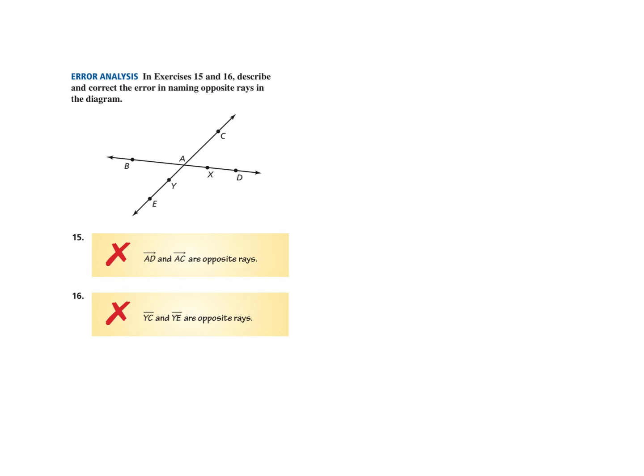Describe and correct the error. So number 15, these are the most important problems. They were trying to name opposite rays. They said AD and AC. Well, those are not opposite. So opposite of AD, so use the first thing they gave, is AB. If you used AC, then you'd have to say AY or AE.